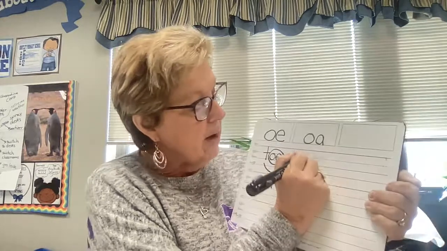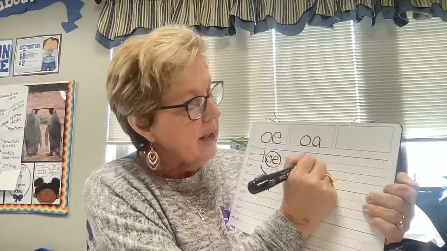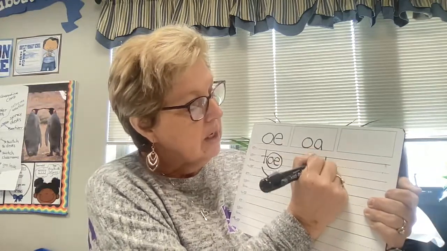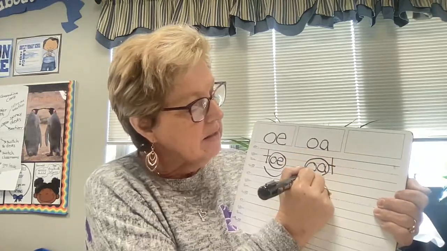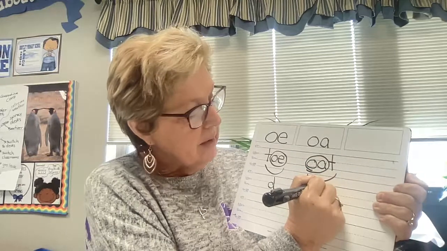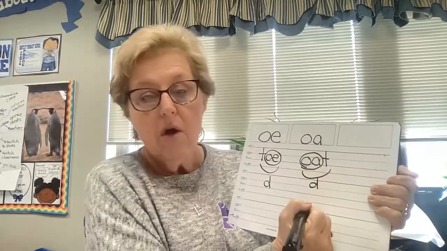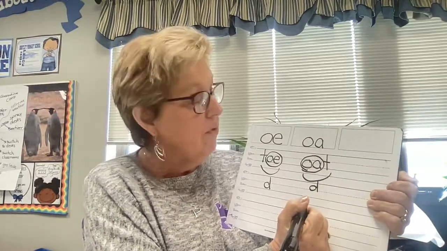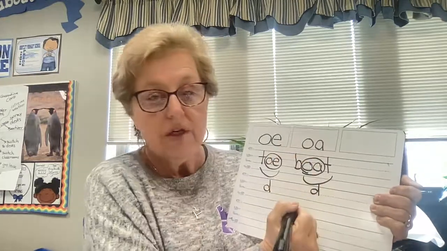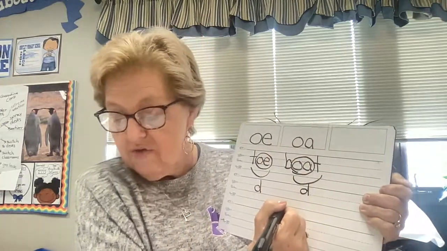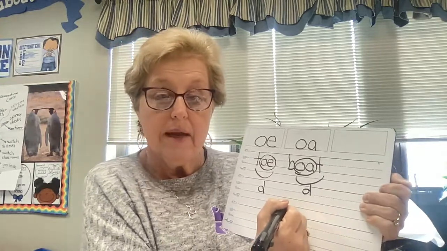So I'm going to go ahead and write oat, O-A-T, oat. So it can be used at the beginning, like this, oat, and it's a double vowel. Or it could be used if you put a B in front of that, boat. So it's usually found at the middle or the beginning of a word.